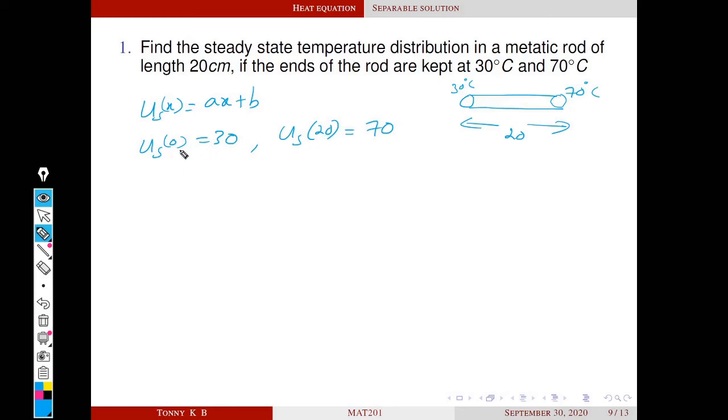So first we apply this condition, put x equal to 0. When x equal to 0, this becomes 0 plus b, that is b. And what is U_S(0)? That is 30. So b equal to 30. So our solution becomes ax plus 30. Then we apply the second boundary condition, that is x equal to 20.